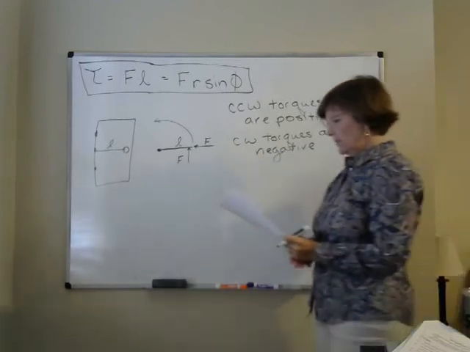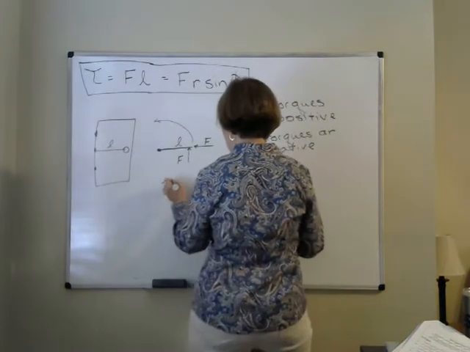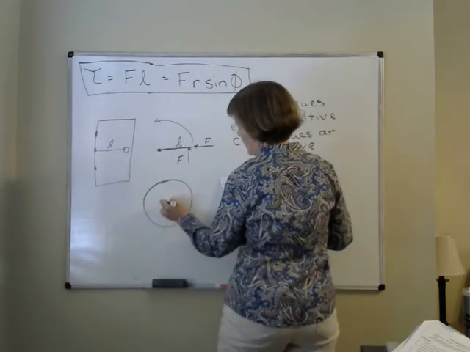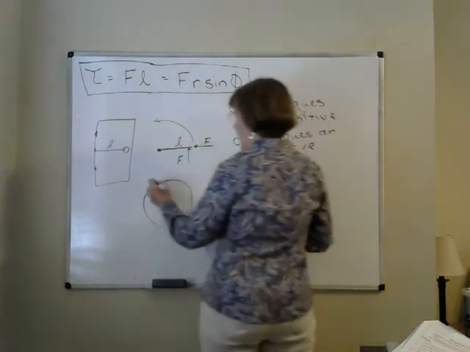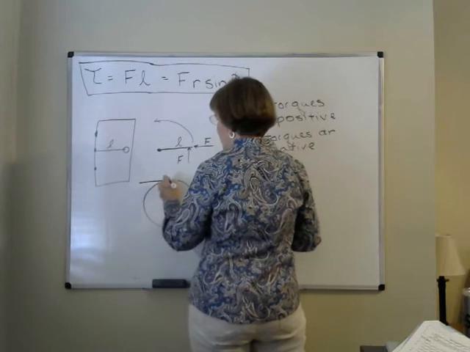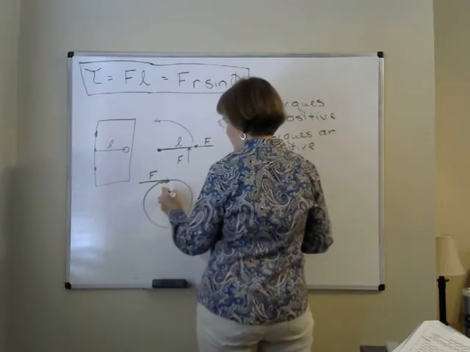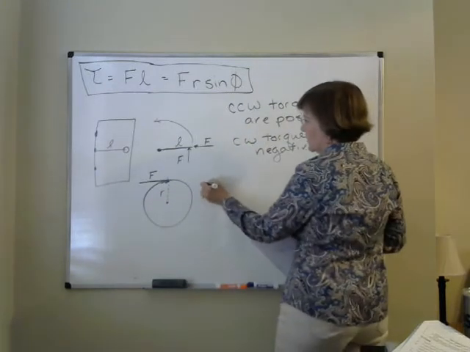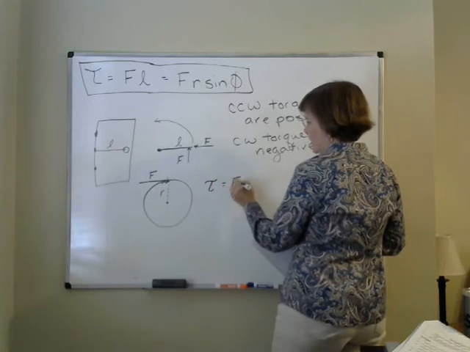All right, let's work an example. Well, let me draw one picture. So, for example, if I have a disc and I want to rotate this disc about the center, if I apply a force right here so that it's tangent, here's the radius, that torque will be equal to Fr.